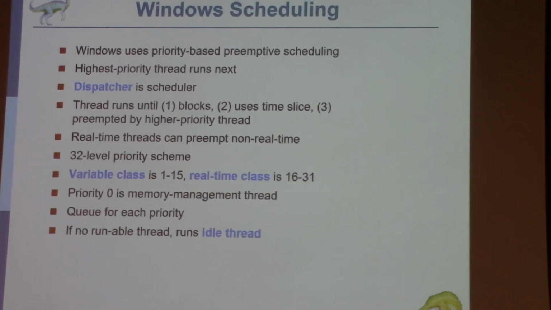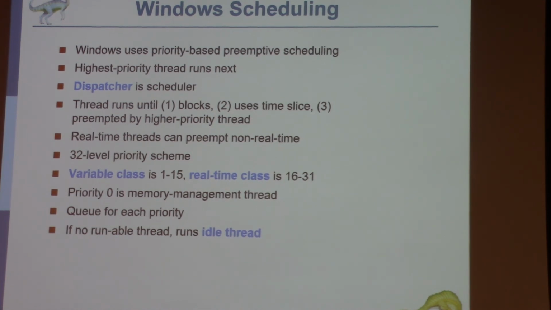Windows. Can you guess what kind of CPU scheduling algorithm is the primary algorithm in Windows? If you go to the Task Manager and right click, you can change priority: real time, normal, and something like that. Windows uses priority-based scheduling. They have 1 to 15, 16 to 32, different levels of priority.